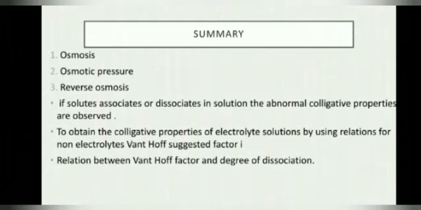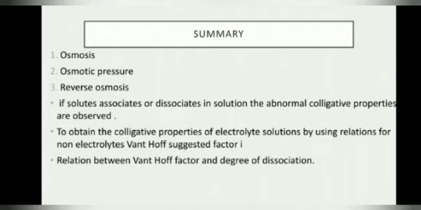Now let us summarize the topic. In this lecture we have done osmosis. It is the spontaneous flow of solvent molecules from dilute solution to the concentrated solution through a semi-permeable membrane, or from solvent to the solution.